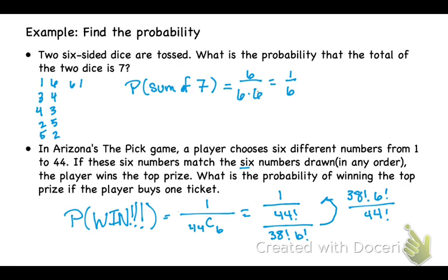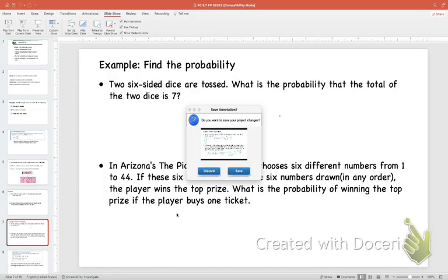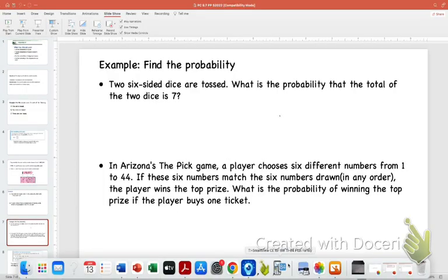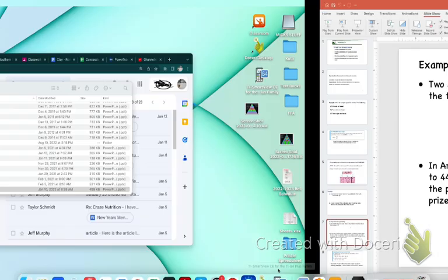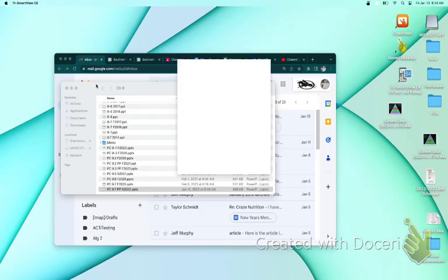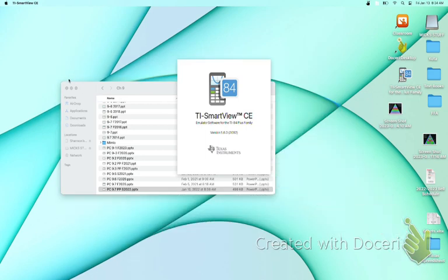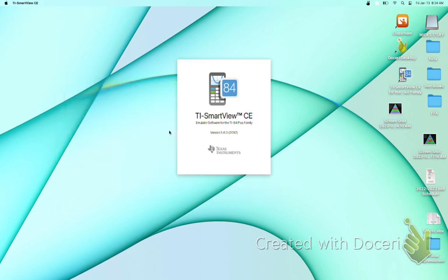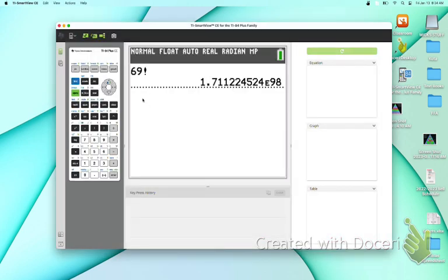Okay, so you guys remember where your choose button is? Remember where it's at? It's in math, probability. Come on, you can do it. So all of you guys have the old ones.